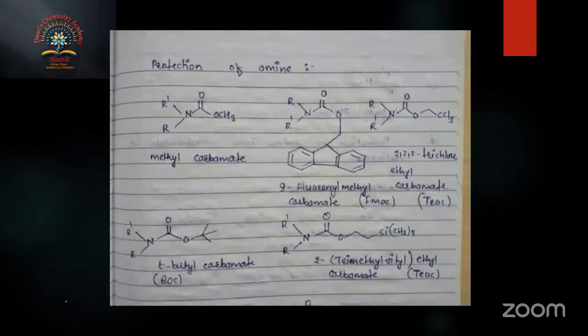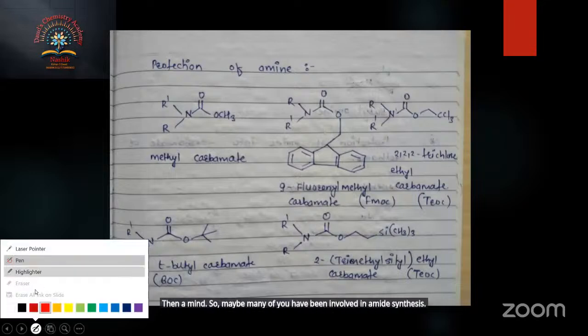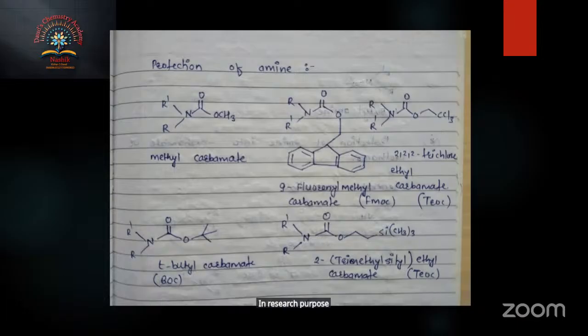Then amine. Maybe many of you have been involved in amide synthesis for research purposes. During amide protection, like in peptide or other different groups, protection of amine is the most necessary part.